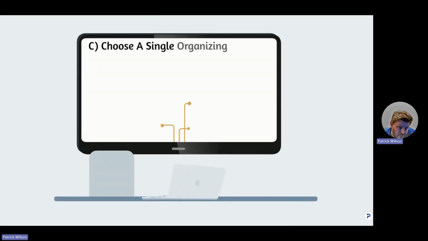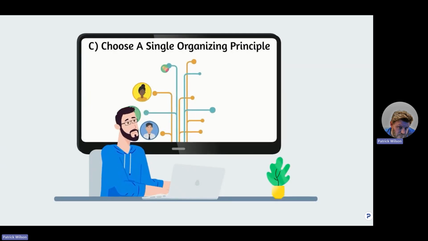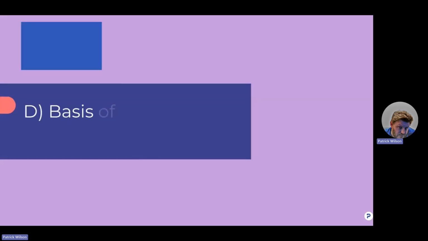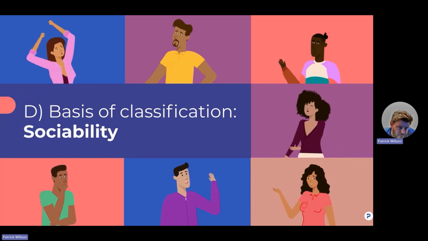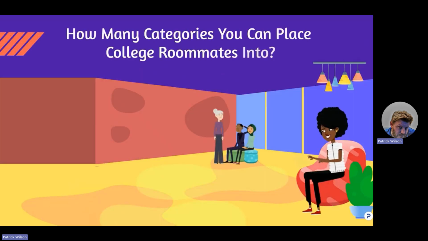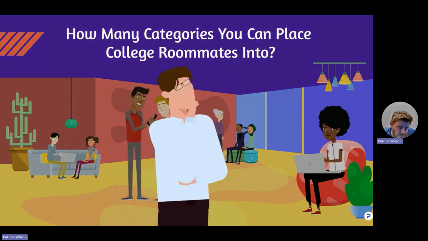C. Choose a single organizing principle. You decide to put college roommates into groups or categories based on sociability. D. Basis of classification. Sociability. Further, in relation to their sociability you need to decide how many categories you can place college roommates into. Your categories should not overlap.